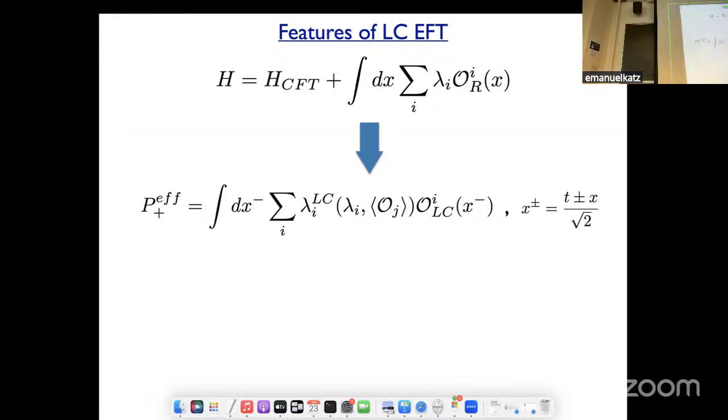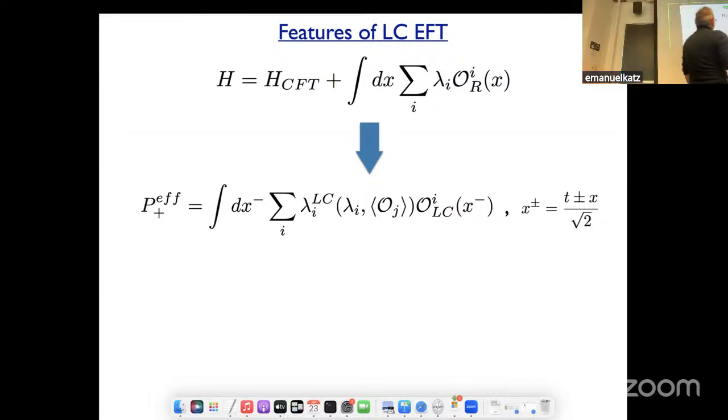It's a set of operators that act only on these chiral states, and a Hamiltonian that has a non-trivial dependence both on the original couplings that entered here, as well as the vacuum expectation values of operators.